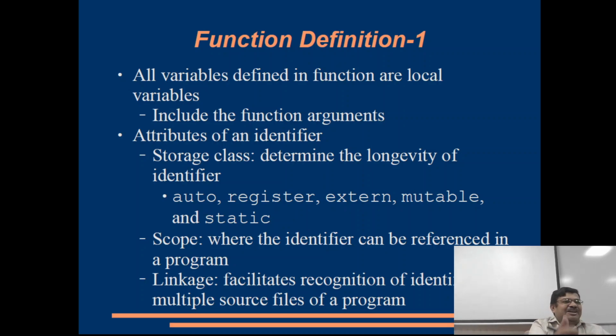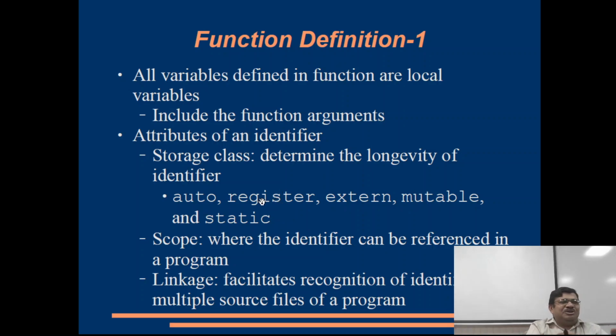The identifier is created when the function is invoked, and when the control is returned from the function, the identifier is killed. But most importantly there is the static identifier. All others we will see.